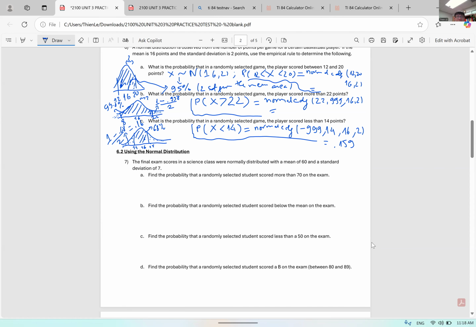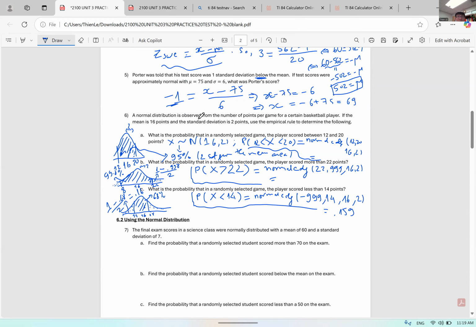Next we move on with more focus on the normal distribution. From now on, with this kind of question, the empirical rule is very tricky because it only helps you with certain values, one standardization below or above, 2, 3. But what if we have another value? Say, for example, in this problem, we don't want x less than 14, but we want the probability x less than 14.5. For sure, you cannot find a whole-number standardization.